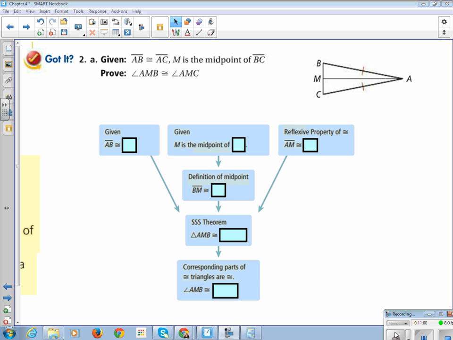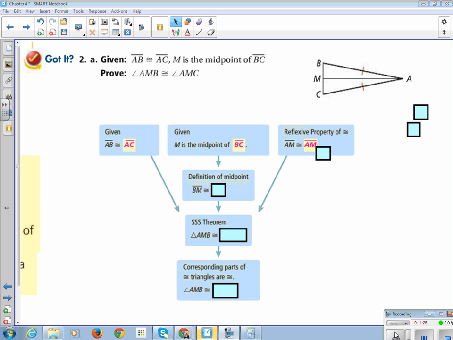Alright, so we're given AB is congruent to AC, so under this given category, it's this information here. M is the midpoint of BC is also given information. The reflexive property says AM is congruent to, what's reflexive?